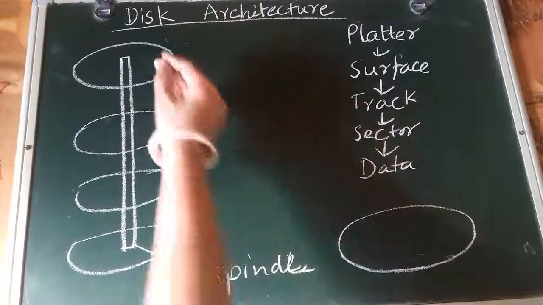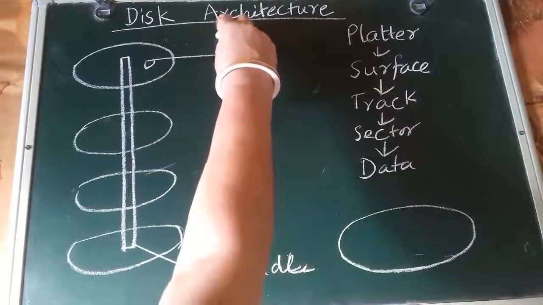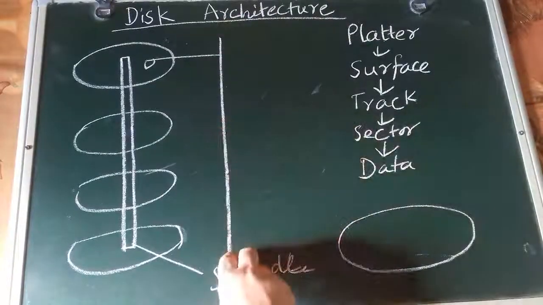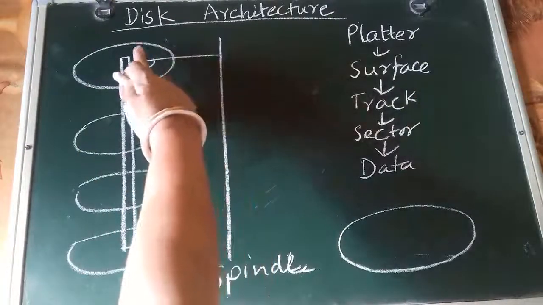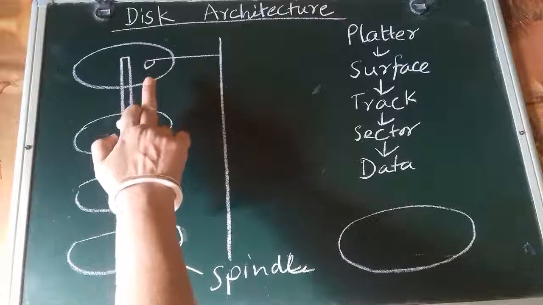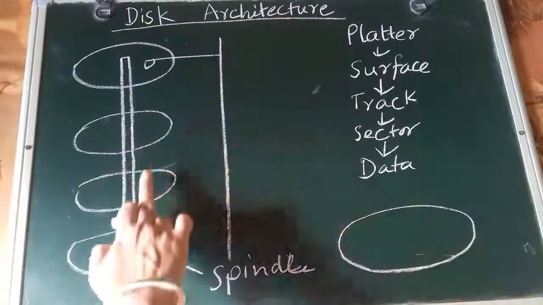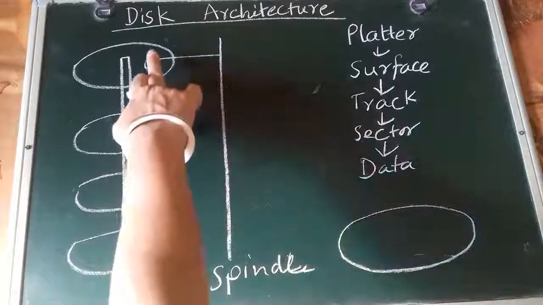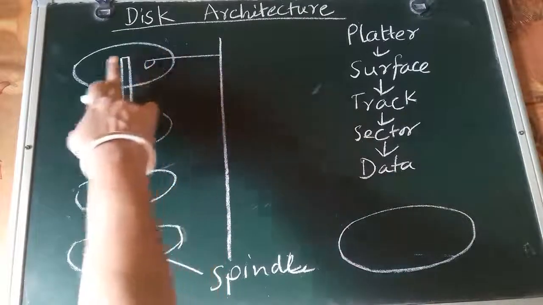So who will actually do the read write operation? There will be a read write head which will move left to right. There is no movement of the read write head from top to bottom. It will not go from the upside of the platter to the downside.